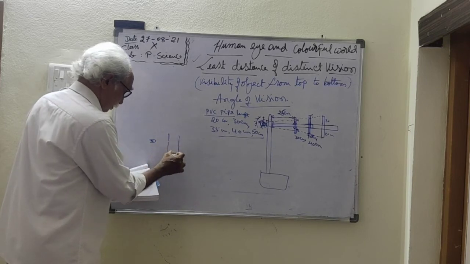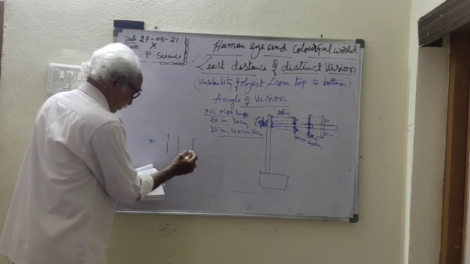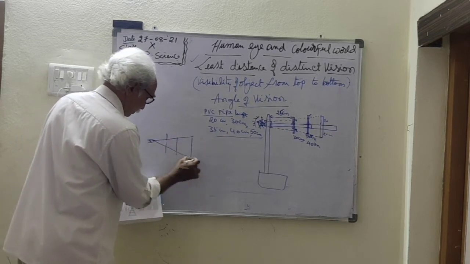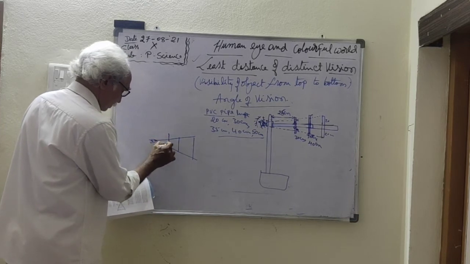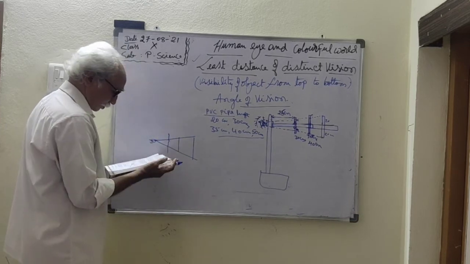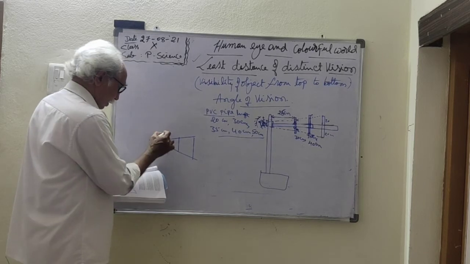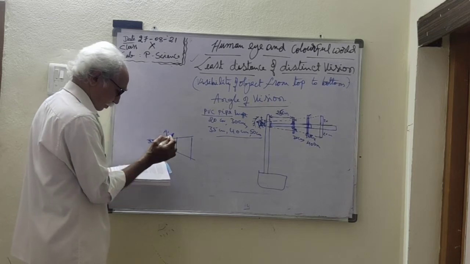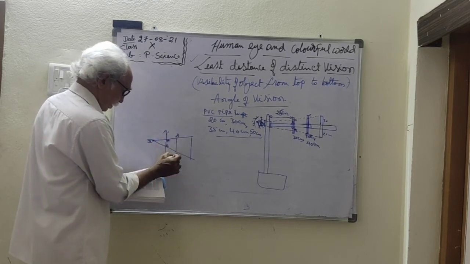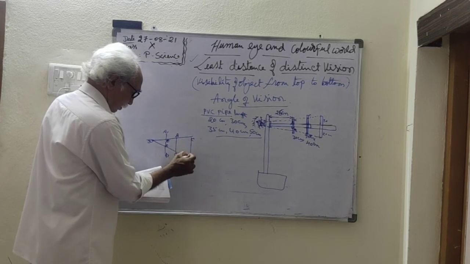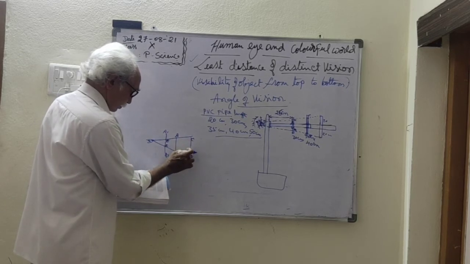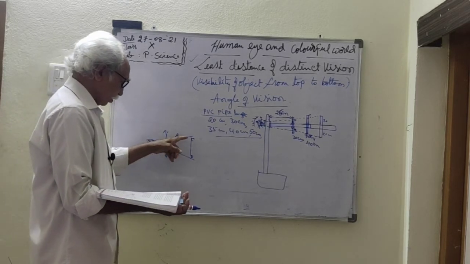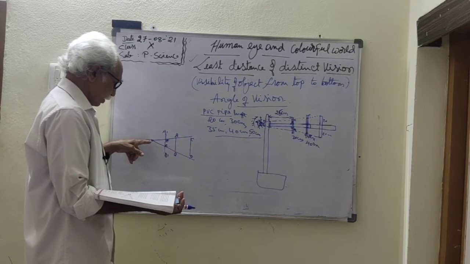For example, from this point, A dash B dash, E F, A B C D. See here, the light is coming from the objects, passing over the objects and entering into the eye.